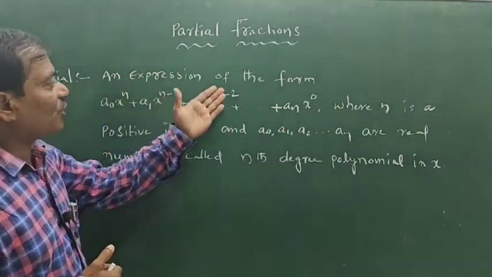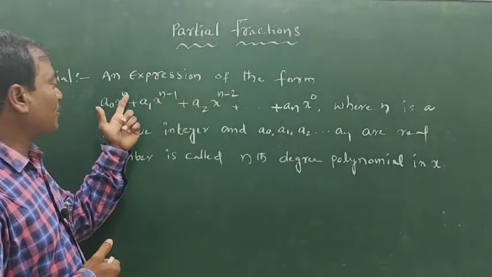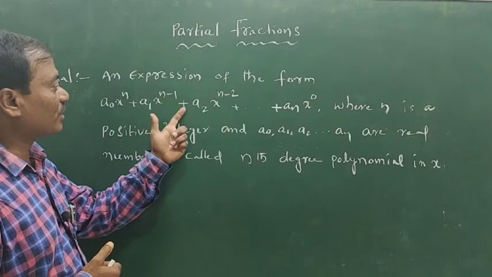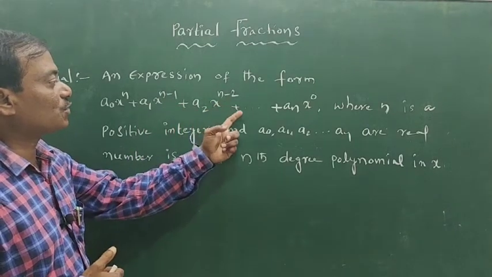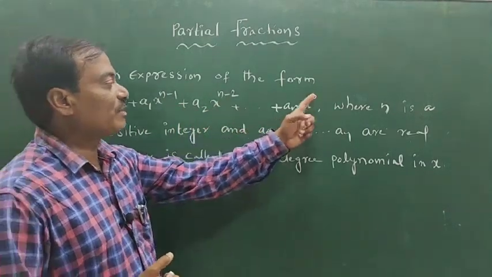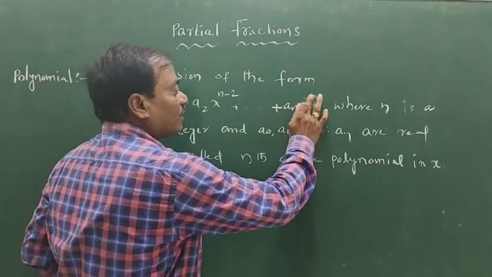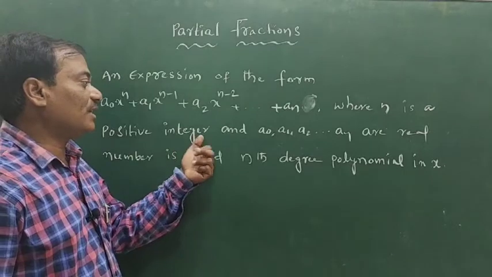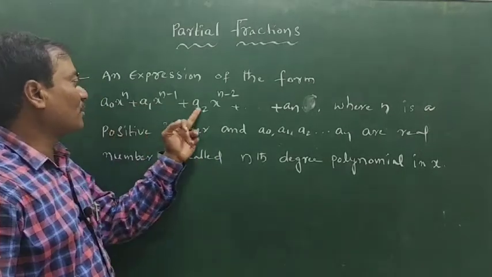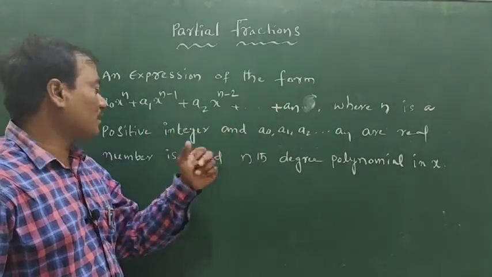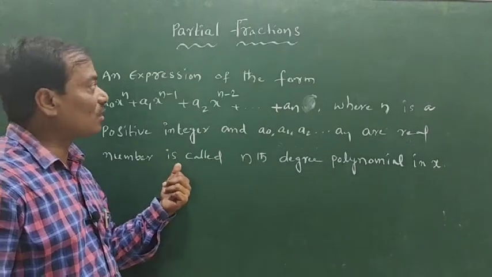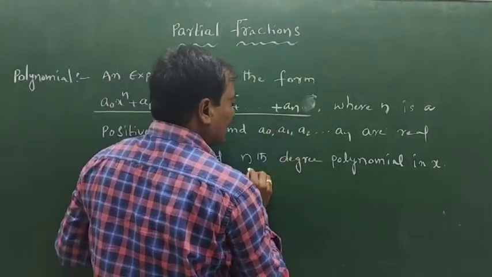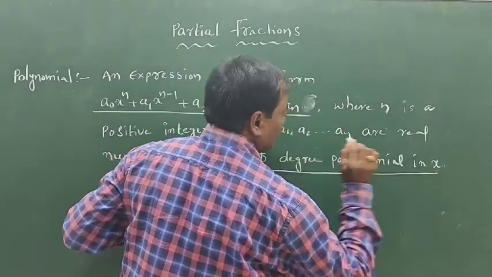An expression of the form a0 x to the power of n plus a1 x to the power of n minus 1 plus a2 x to the power of n minus 2 and so on, plus an, where n is a positive integer and a0, a1, a2 and so on, an are real numbers, is called an nth degree polynomial in x.